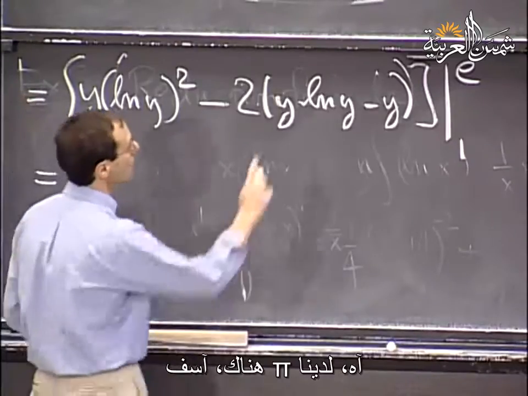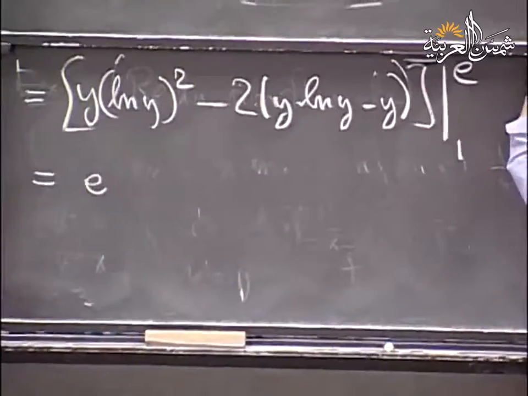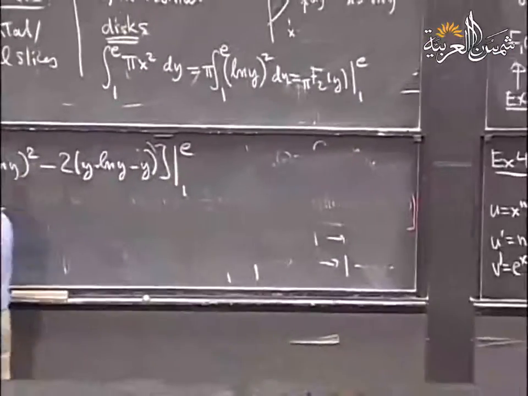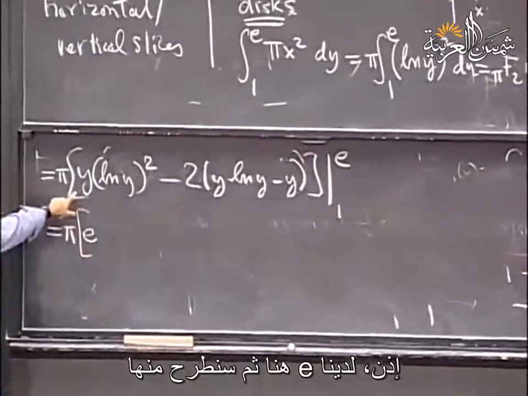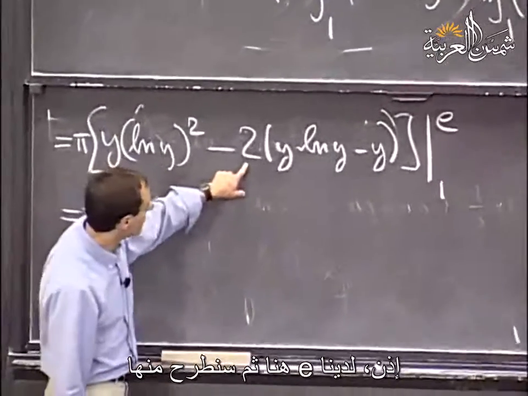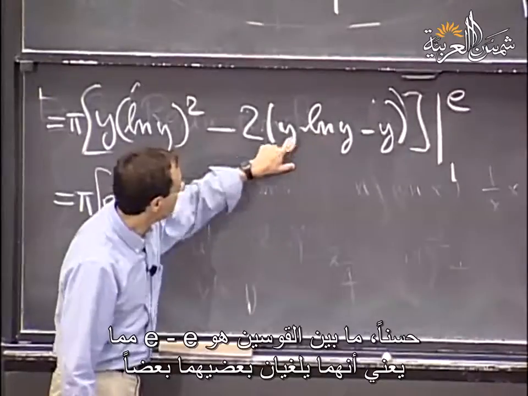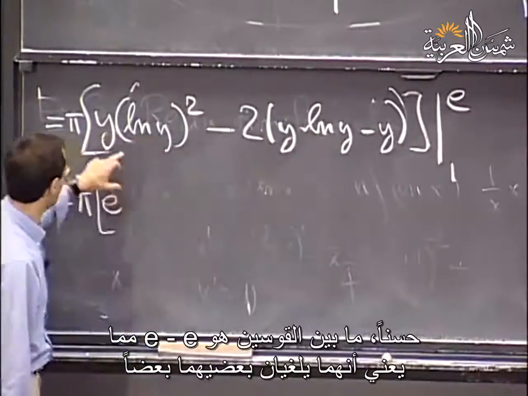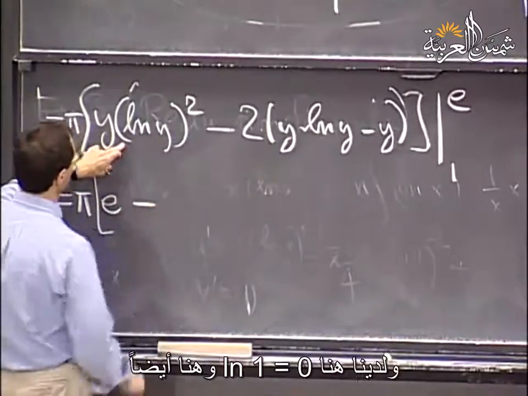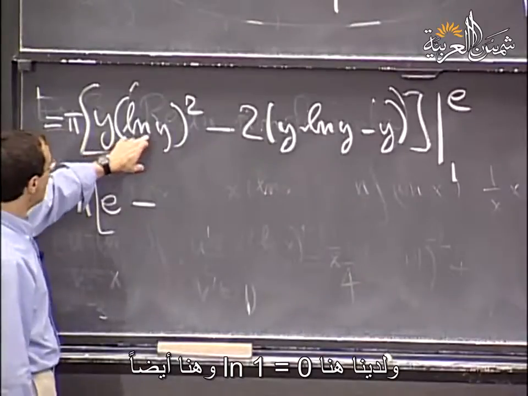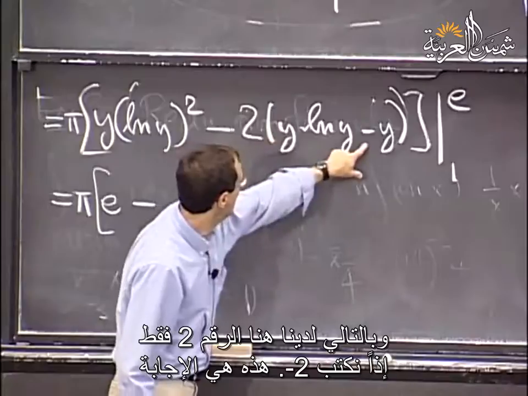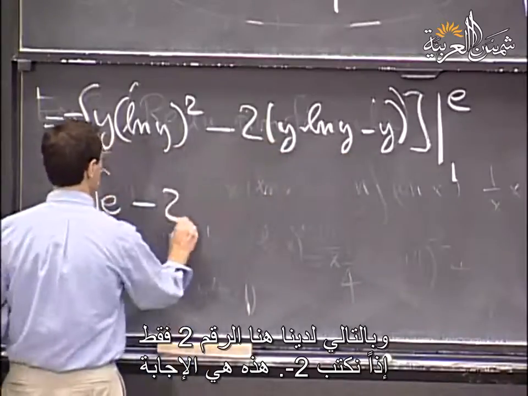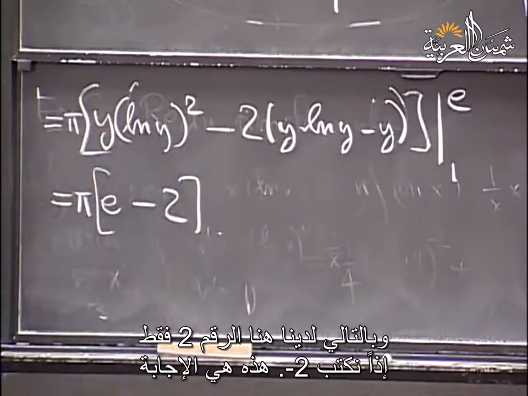Right? Oh, except there's a factor of pi there, sorry. I missed the pi factor. So there's an e here, and then I subtract off, well, at 1 this is e minus e, so it cancels. There's nothing left. And then at 1 I get log 1 is 0, log 1 is 0. There's only one term left, which is 2. So it's minus 2. That's the answer.